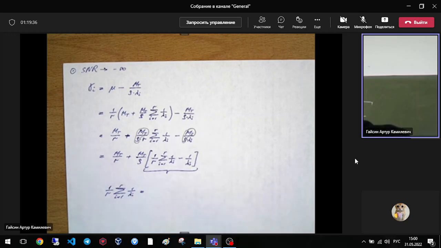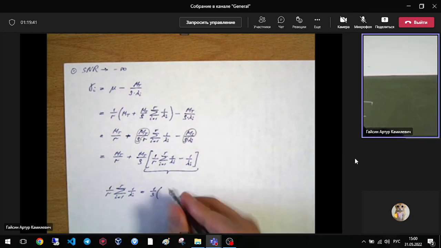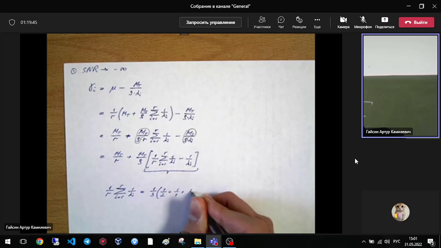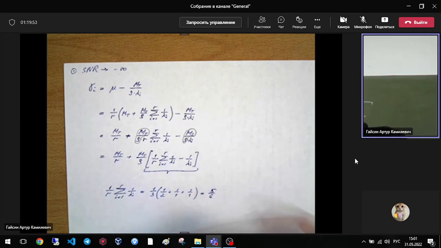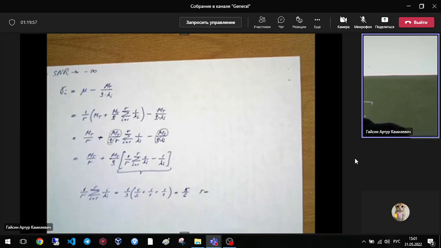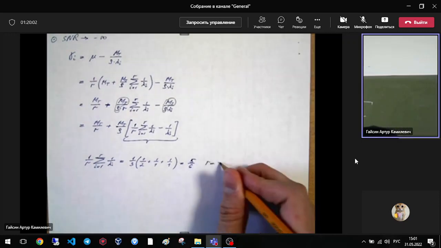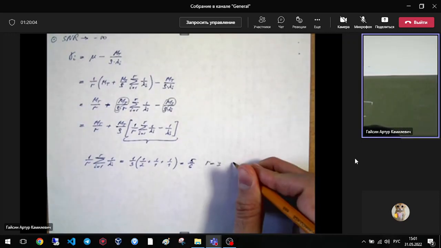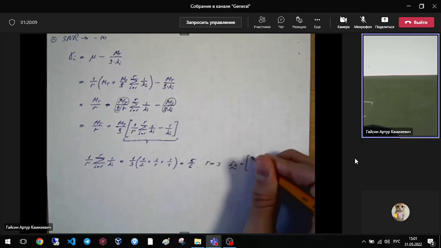And for our case, it is 1 divided by 3, and then the sum: 1 divided by 2 plus 1 divided by 1 plus 1 divided by 1. And it is equal to 5 divided by 6. It is all because our rank is equal to 3 and our eigenvalue matrix is 2, 1, and 1.